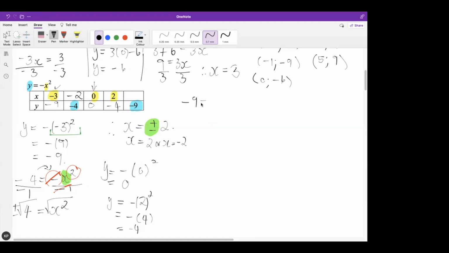So this is negative 9 equals negative x squared. We divide by negative 1 again to get rid of the negative. Okay, so then you'll be left with 9 equals x squared. You square root, but I said if you square root, you have to say plus minus. Therefore, x equals plus or minus 3. But we already have a negative 3. Therefore, this one has to be a positive 3.